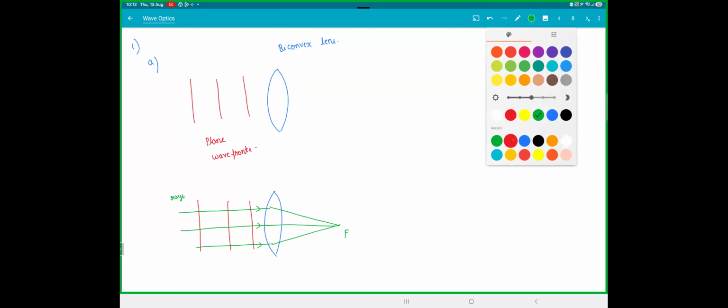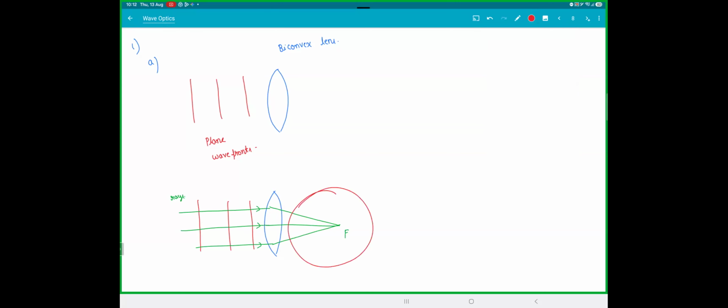Now draw the wavefronts again. How do you draw a wavefront for these? They should be perpendicular to the rays. Perpendicular, perpendicular, and perpendicular. It means if you send plane wavefronts through this, you will get wavefronts which are converging. This is how it will look. You're getting the shape, everyone? If you send plane wavefronts, you'll get converging wavefronts. This is how you draw.